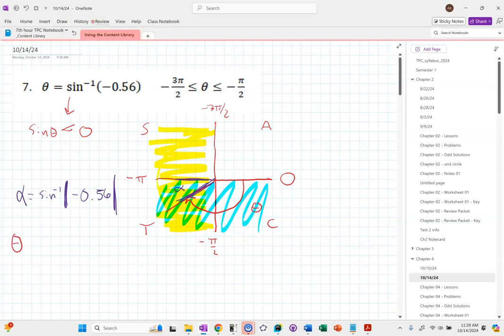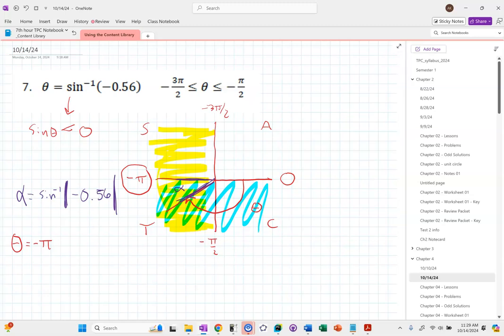And then my last step is going to be writing my equation for theta. So the first part of this equation is the piece of the x-axis that makes up my alpha. So that's the pi, or I'm sorry, negative pi.